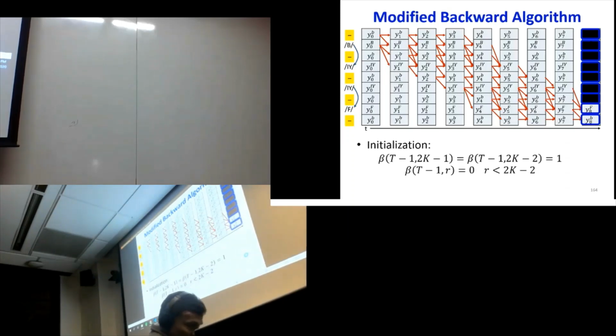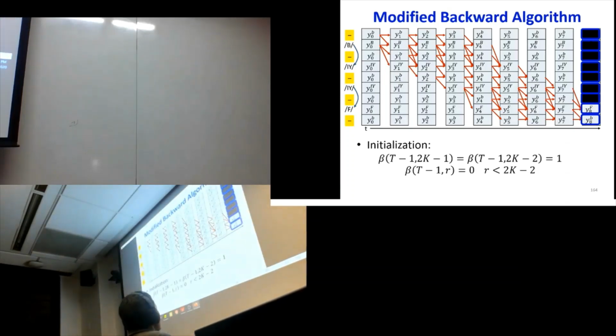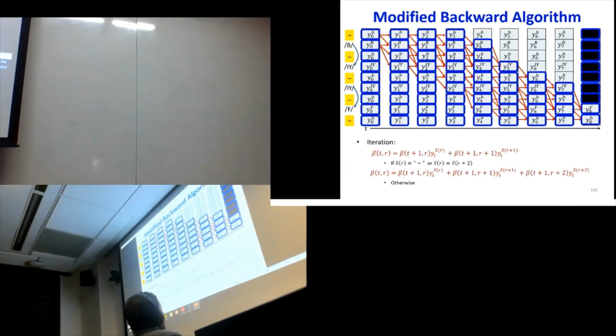Subsequently, we will work our way backwards and compute beta for every row going back. Now, as you go backwards at any row, if you happen to be a node in a row for a blank, as I mentioned earlier, there are only two possible successors.